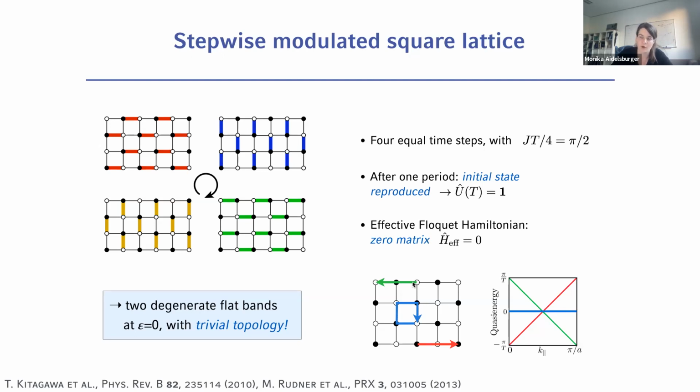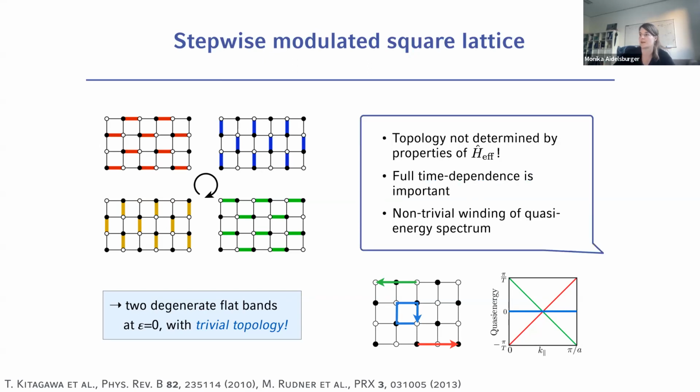So you need to know what happens within one drive to know if there's a chiral mode at the edge, and to know what the chirality of the mode is, because you need to know how you turn on the couplings within one period of the drive. If you were to look at just stroboscopic dynamics, it's impossible to figure that out.